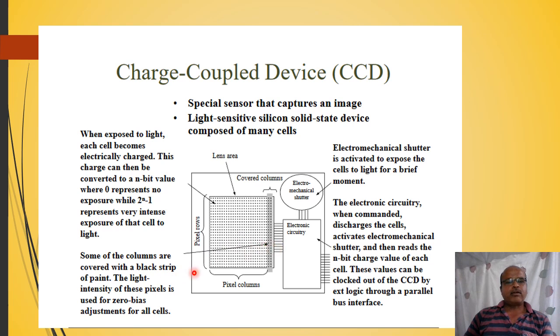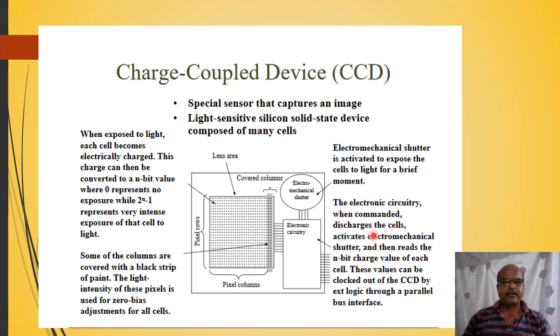Then some of the columns are covered with a black strip of a pen. The light intensity of this pixel is used for zero bias adjustment. Next, an electromechanical shutter is activated to expose the cells to light for a brief moment. This is the electromechanical shutter. Then this is the electronic circuitry.